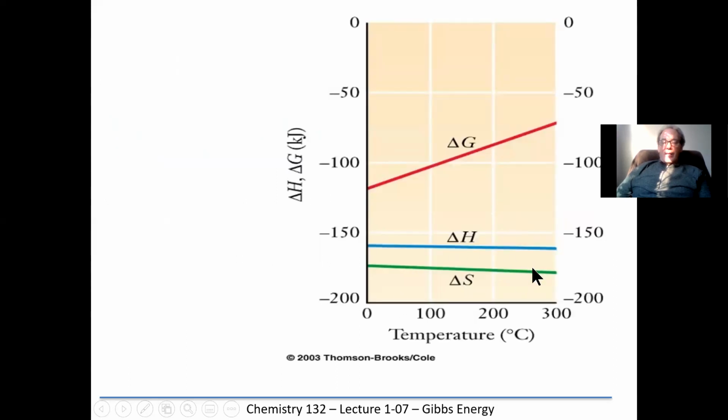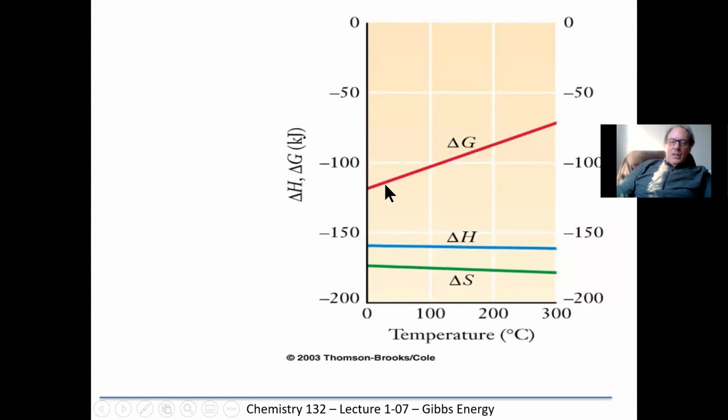Here again is a graph showing the relationship between delta H and temperature and delta S and temperature. You can see that temperature has very little effect on delta H and delta S. That provides us with a scenario where if we calculate delta H and delta S at a temperature of 298 from tables, we can use those same values at any temperature.